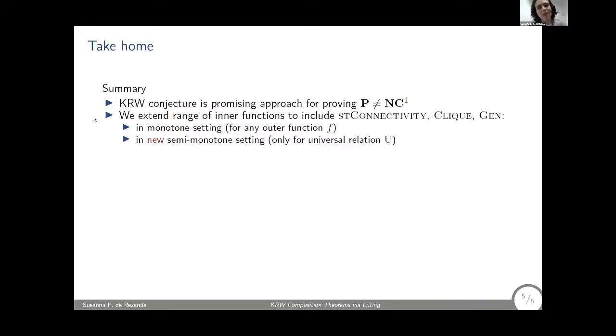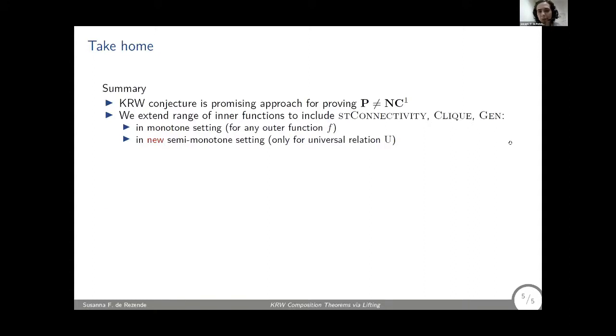Summing up, the KRW conjecture is a promising approach for proving that P is not equal to NC1. We can extend the range of inner functions to include ST connectivity, clique, and the GEN function, in both the monotone setting for any outer function, and in this new semi-monotone setting, but only for the universal relation.